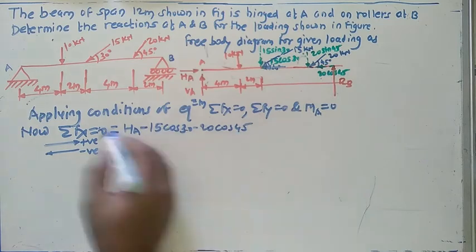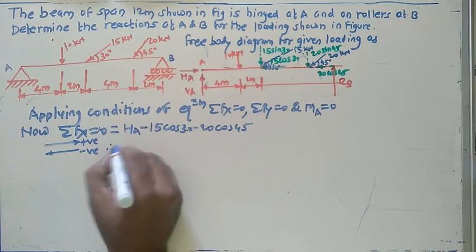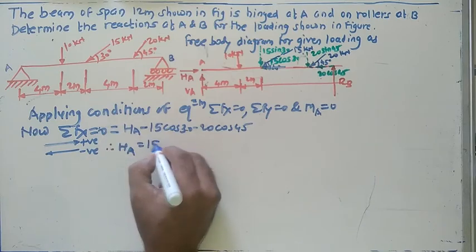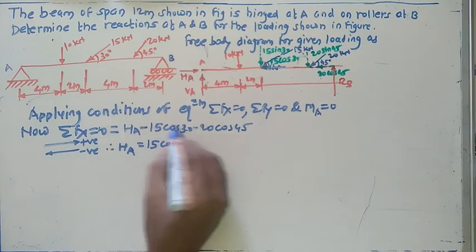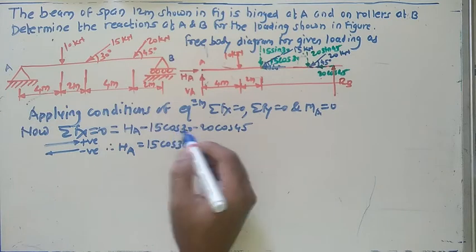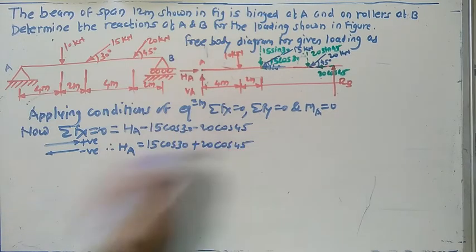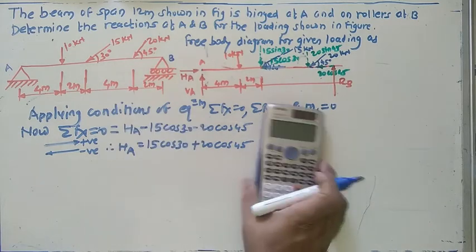Equate all these things with 0 and solve this one for HA. Take this HA towards one side and all the terms towards the other side. If I take these terms to the other side, it becomes positive. So solve this and get the value for HA.